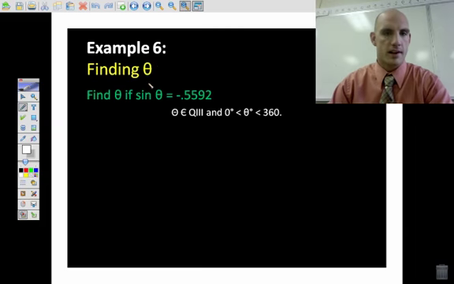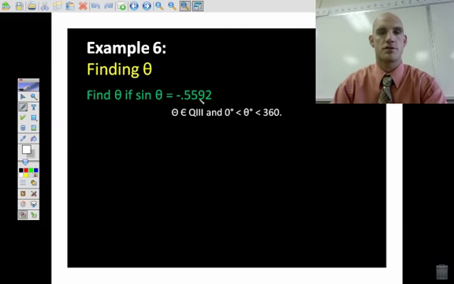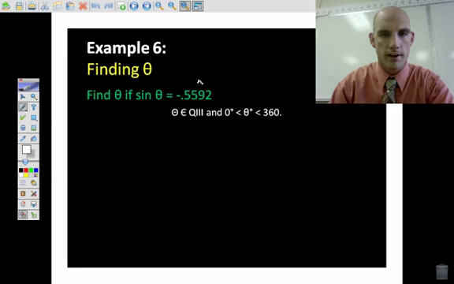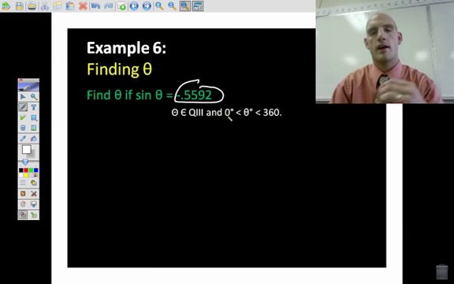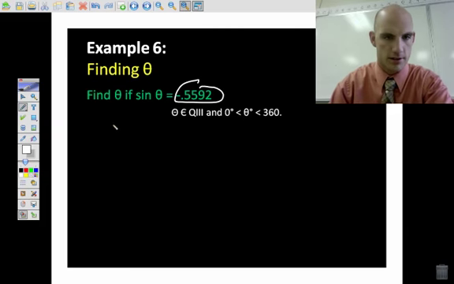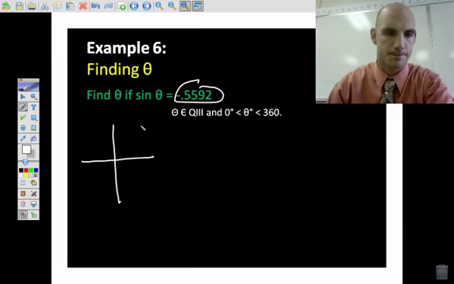We're going to find theta if sine of theta is equal to our value here, and theta is going to be in quadrant 3, which means it's between 0 and 360. So first, we need to understand what this is actually saying.